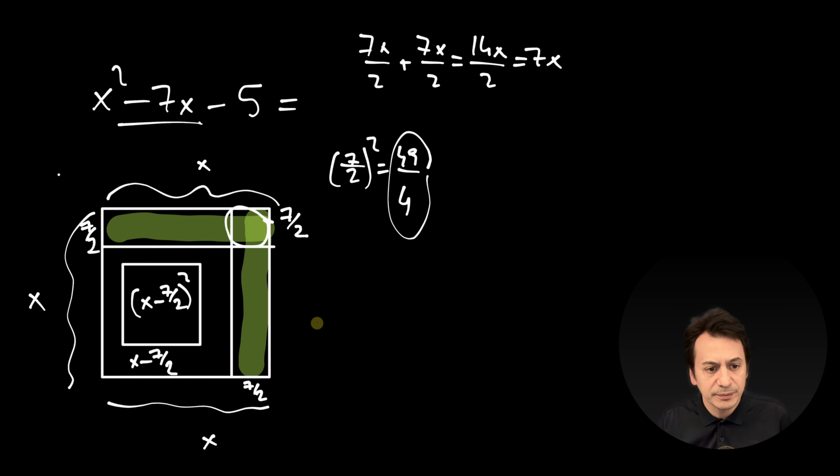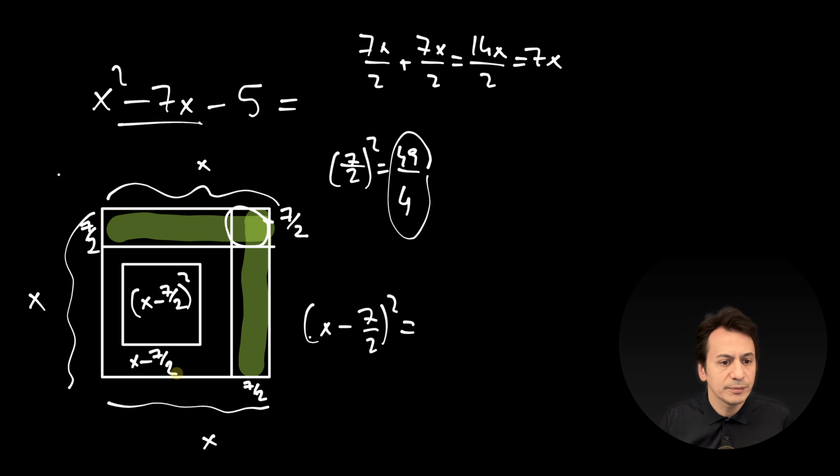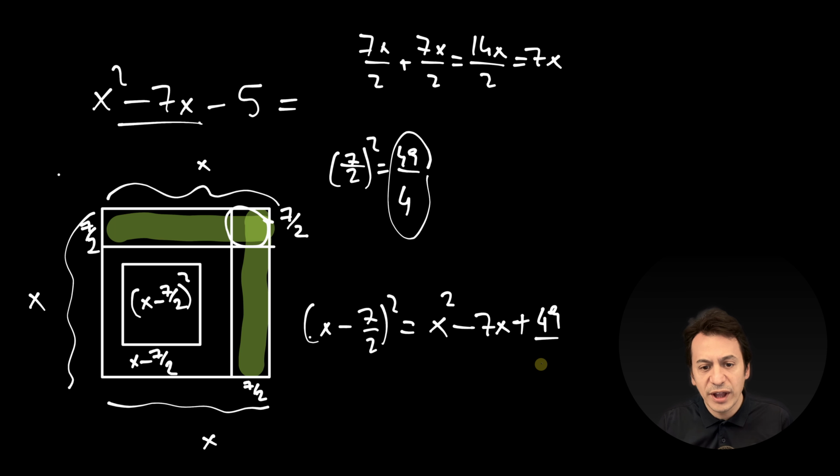So let's write it. x minus 7 over 2 squared equals x squared, minus, well, 1 comes from here, 1 comes from here, and then I know very well that they will make 7x. And then, since I subtracted this part twice, I add 1 back, which is 49 over 4. So now I have my perfect square.